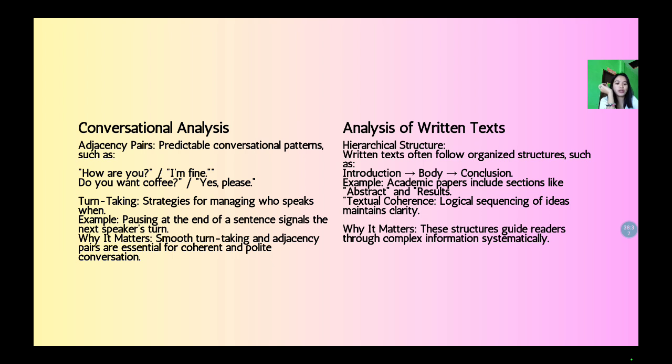Next is textual coherence. It is the logical sequencing of ideas that maintains clarity. Why analysis of written structure matters? This structure guides readers through complex information systematically.